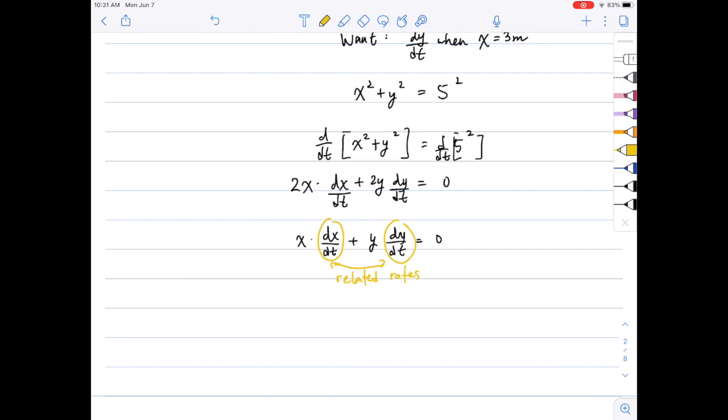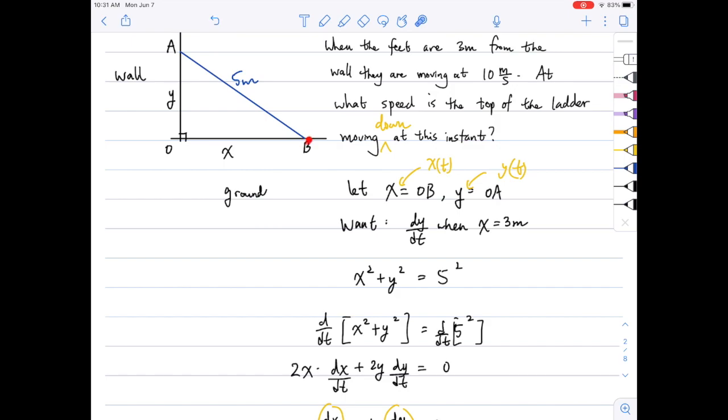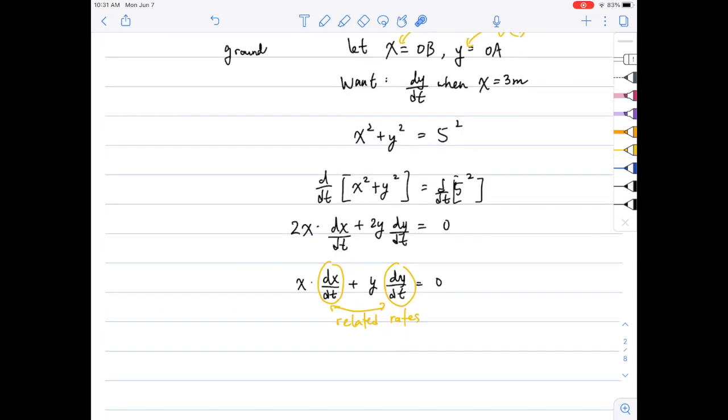That's why these problems are called related rates problems. This equation is saying that as the ladder slips, the rate at which the foot of the ladder slips away from the wall and the rate at which the top of the ladder approaches the ground are related to one another. That relationship is captured through this equation.